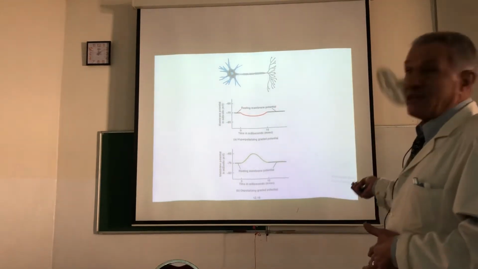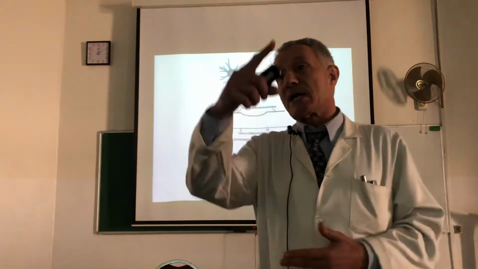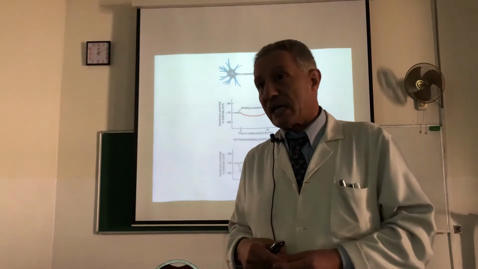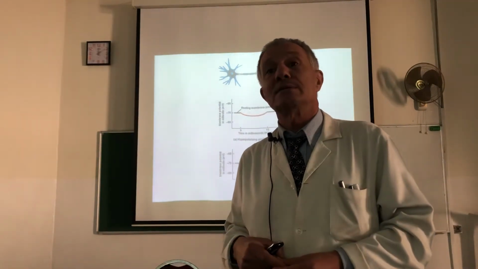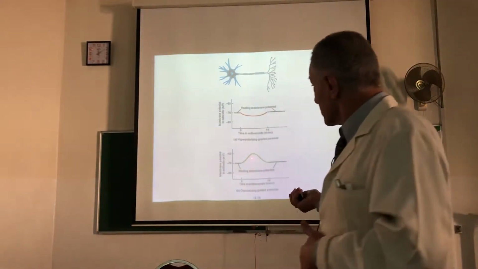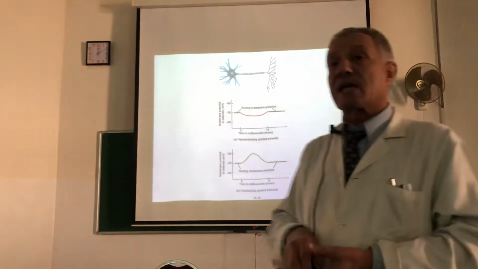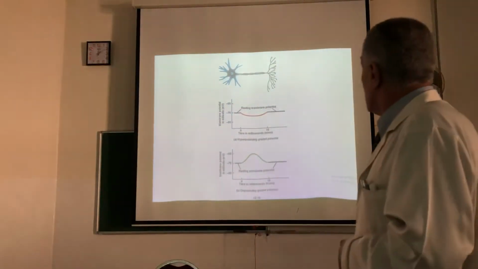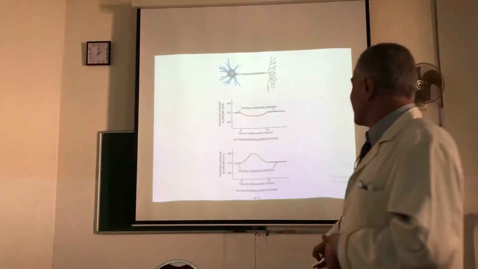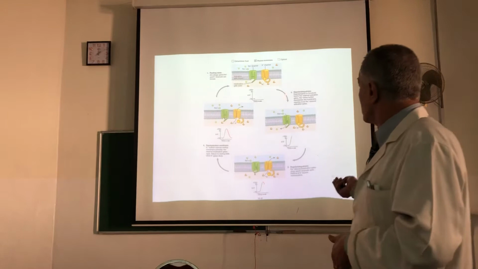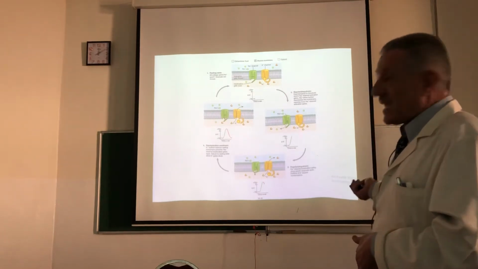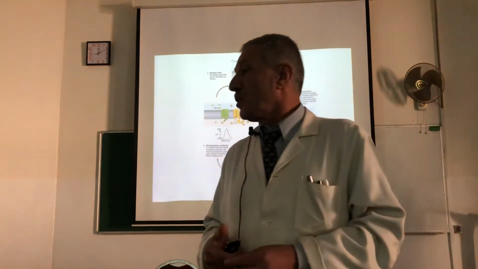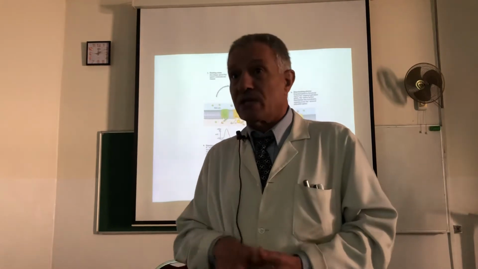By activation of potassium channels, we get a more negative potential, which we call hyperpolarization. By activation of sodium channels, we can get depolarization, and that process can also generate what we call an action potential.